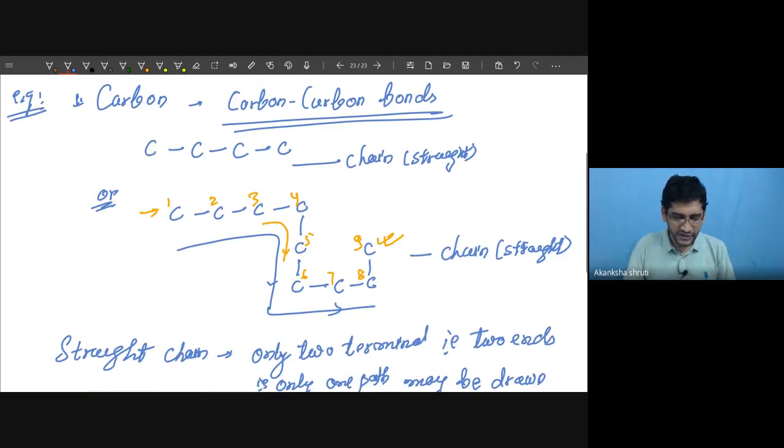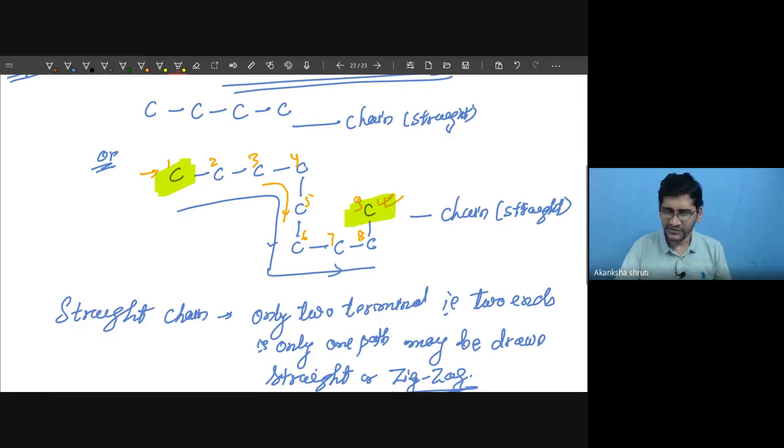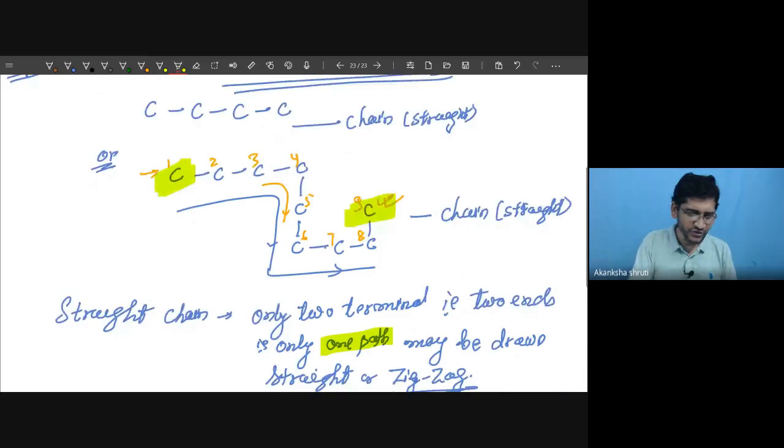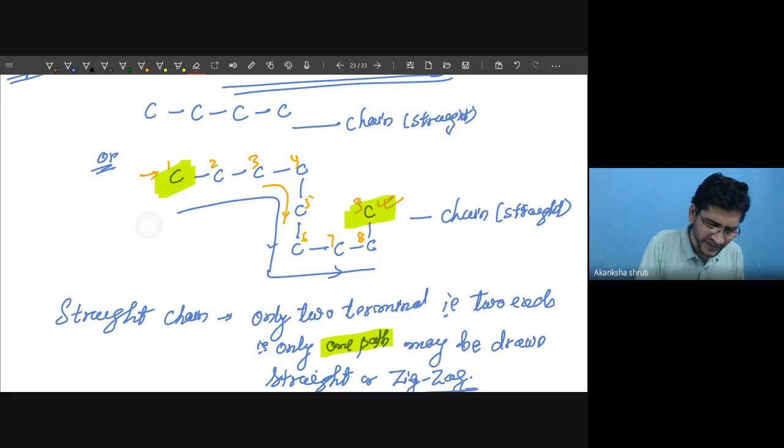So student, whether this link or the chain is straight or branched, for that you have to start from one terminal and go to the other terminal. Then if there is only one possible path, whether it is zigzag or straight, then it is called a straight chain.